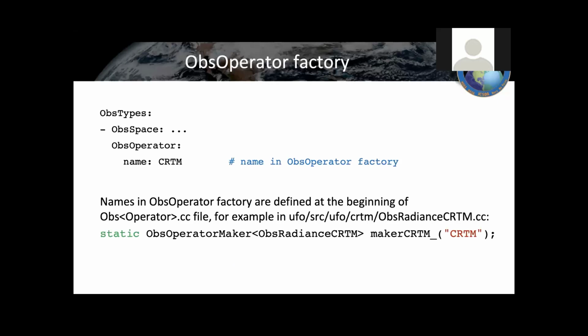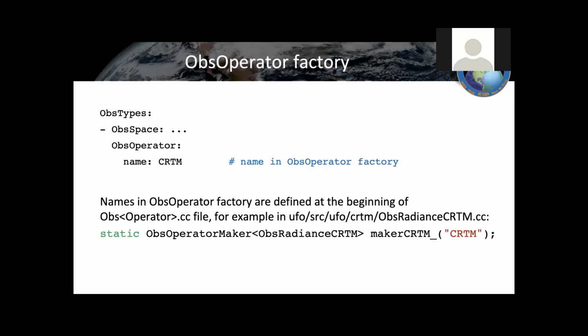So just by means of explanation, this represents the new operator that we're invoking. And this obs space name here is just used for printing. It's used for diagnostic purposes, telling us where in the code we're logging our data. But really the key term here is this obs operator value, and then it passes through a name called CRTM. And this gets sent directly into our factory, which then creates a new CRTM object.